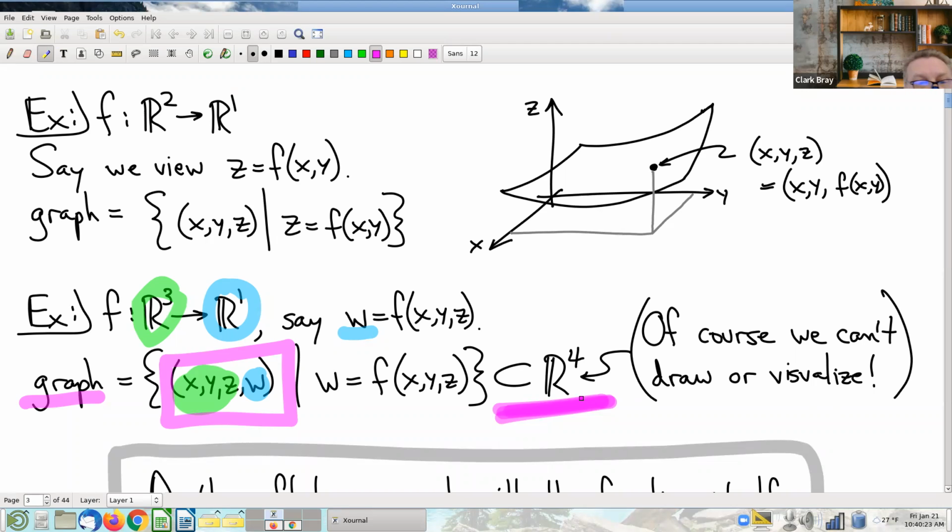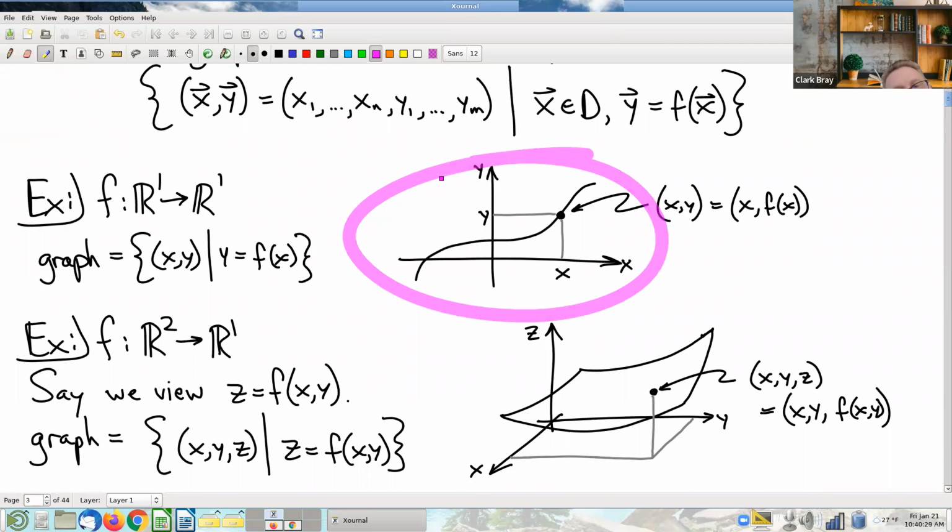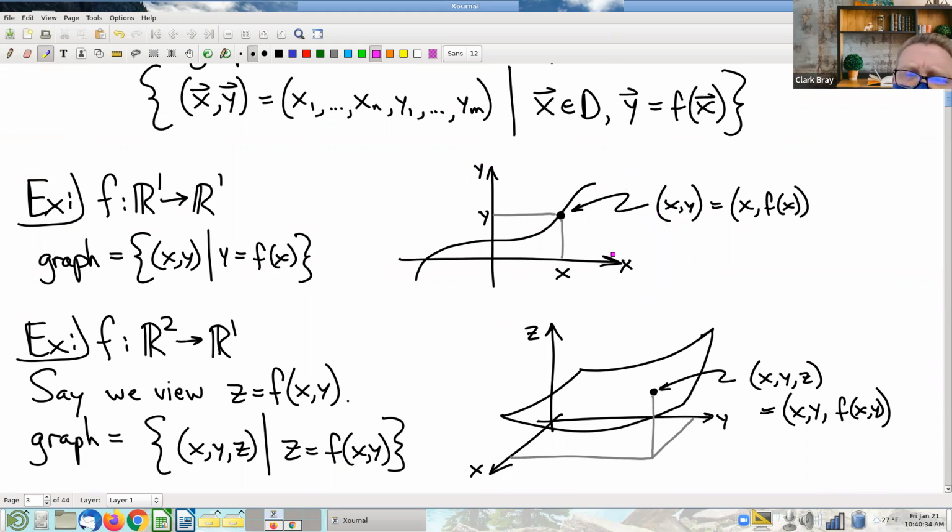So the reason I like to show students this example is to emphasize that as much as we like graphs, we've been drawing these pictures forever. These pictures allow us to see, in some sense, everything that's happening to the function. We have so much familiarity with what calculus looks like.